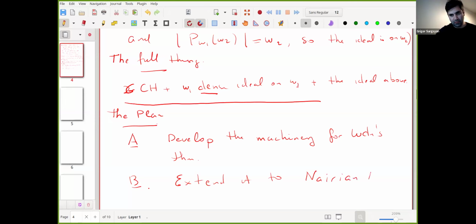Naive, which at this point I haven't defined for you, but the point is that Woodin's theorem is about the power set of the reals.